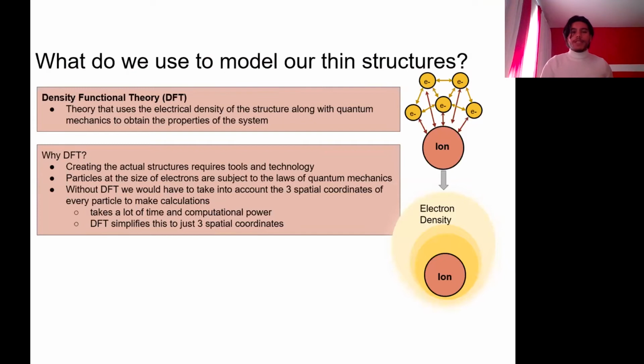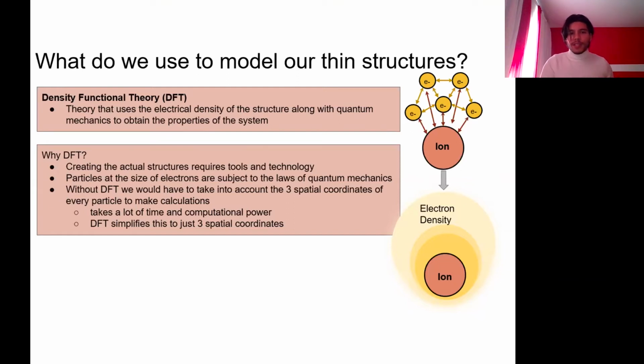So in my investigation specifically, we used a theory called density functional theory, which is a theory that uses the electrical density of the structure along with some quantum mechanics to obtain the properties of the system. As to why we use this theory, well, creating the actual structures requires tools and technology that not everyone has, and here at Parkside, we didn't really have the technology and tools.